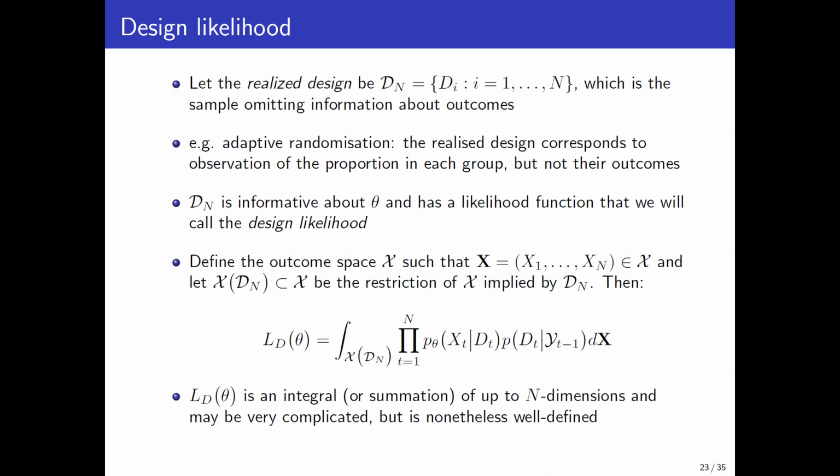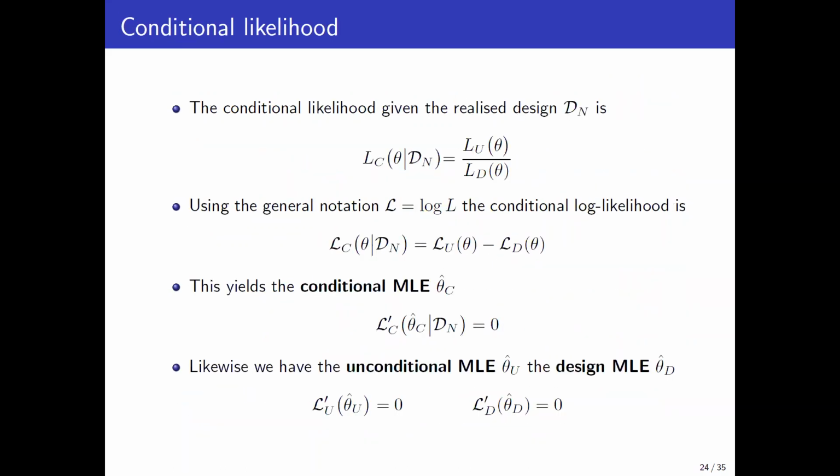But in principle, it's well defined. We can think of it as the likelihood function associated with only observing these adaptively assigned design features. In principle, then, we can use that to estimate the treatment effect theta without the outcome information.